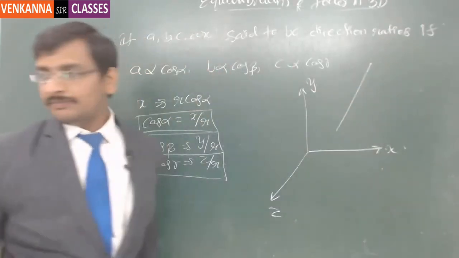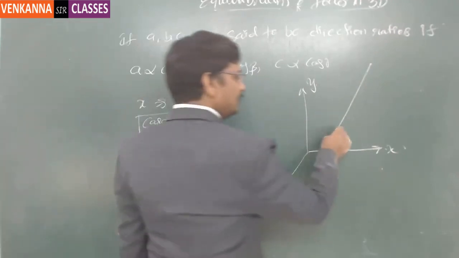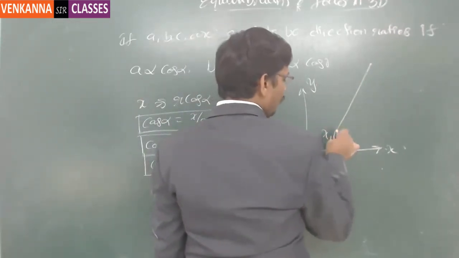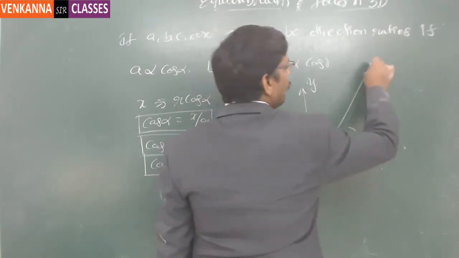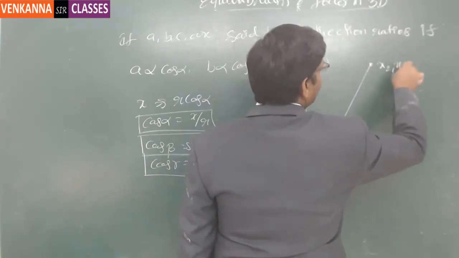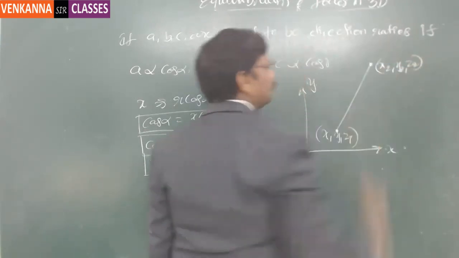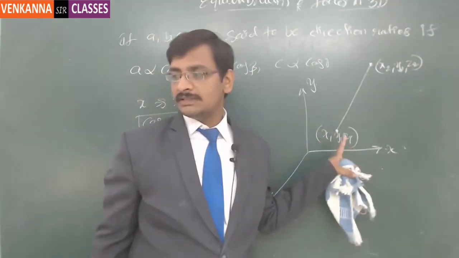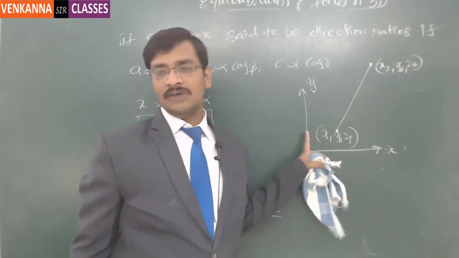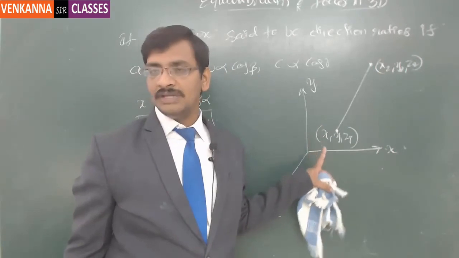if this is the line, and let us say this point is x1, y1, z1, and this point is x2, y2, z2, then this will also definitely make a certain angle with the x-axis, an angle with the y-axis, and an angle with the z-axis.